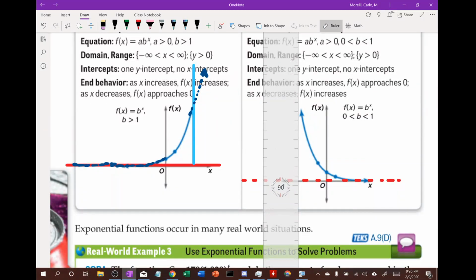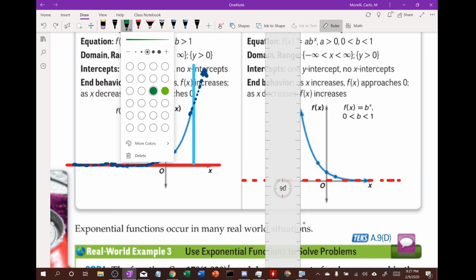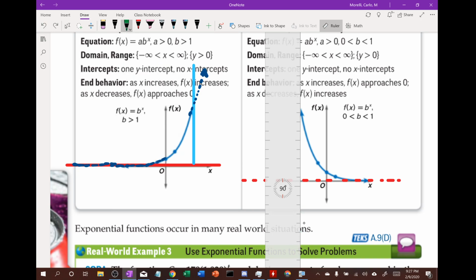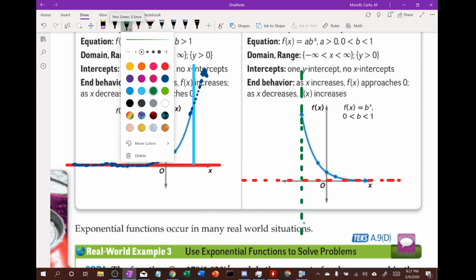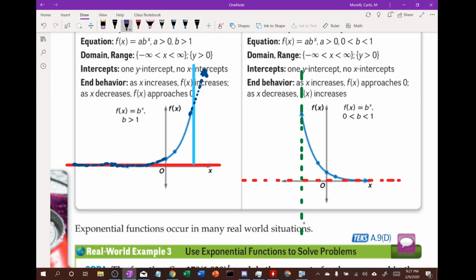But let me tell you, this vertical line, which I'll do in green, that is not an asymptote. But you will be given the option to choose it as an asymptote because they're trying to confuse you, right? But all you have to do is say in your head, if I were to continue drawing this line, it would definitely cross the green line.